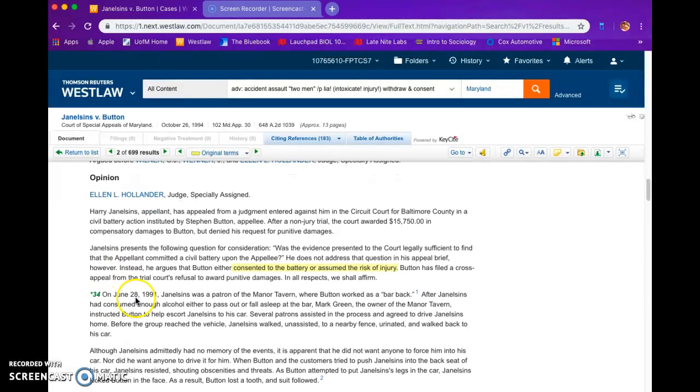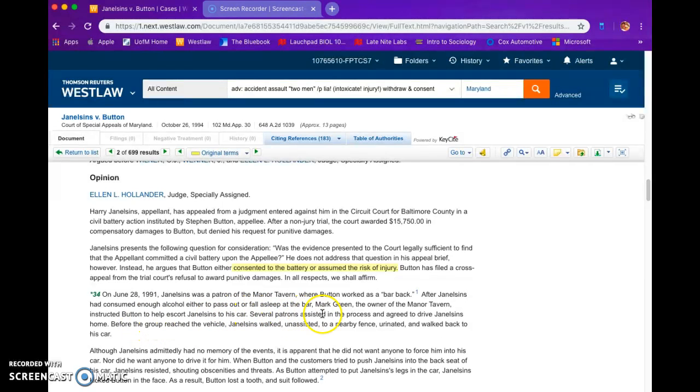On June 28th, 1991, Janelson was a patron of the Manor Tavern, where Budden worked as a barback. After Janelson had consumed enough alcohol to pass out or fall asleep at the bar, Mark Green, the owner of the establishment, instructed Budden to help escort Janelson to his car.